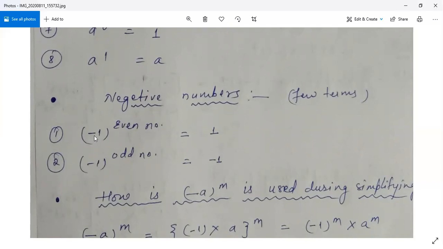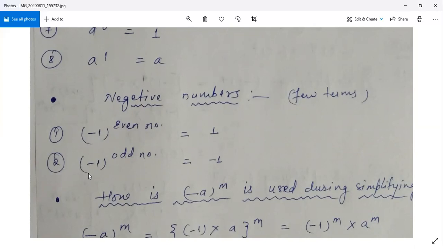If you multiply -1 four times, 4 is also an even number, so -1 into -1, -1 into -1, four times when you multiply -1, you will also get +1 after solving that. So whenever the power of -1 is an even number, you will always get a positive one.